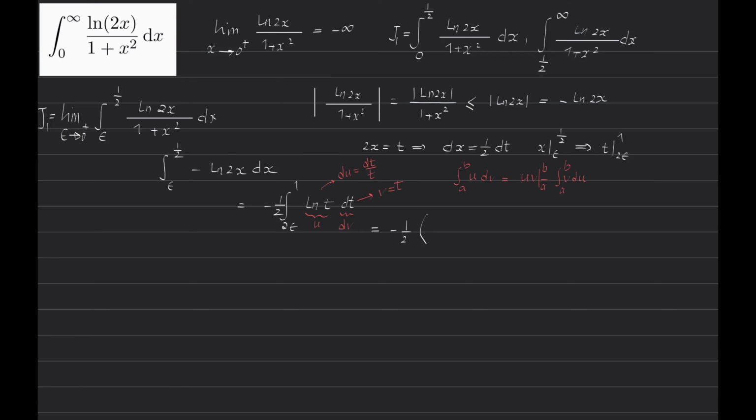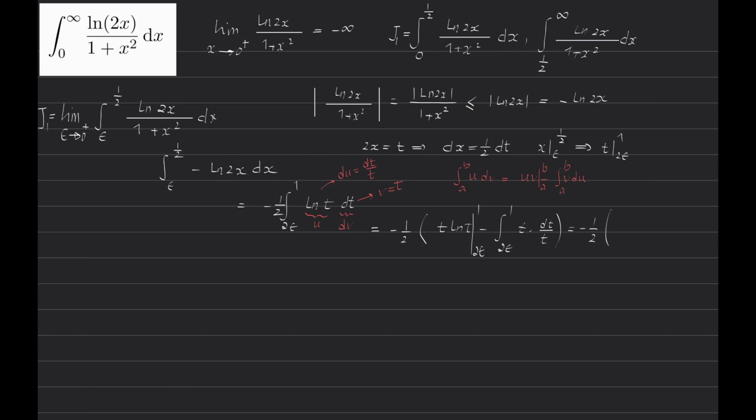Then I use the formula uv, which in this case becomes t ln of t, minus the integral from 2 epsilon to 1 of v du. That's very simple. Here I should also go from 2 epsilon to 1. So this becomes minus 1/2.